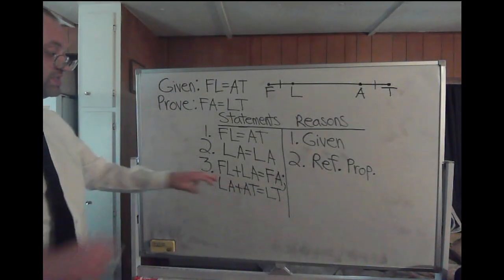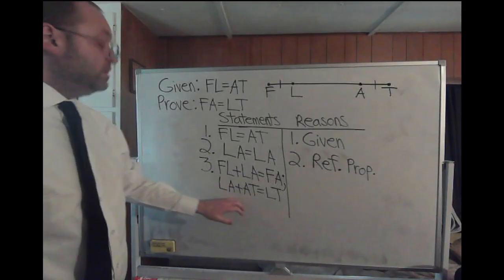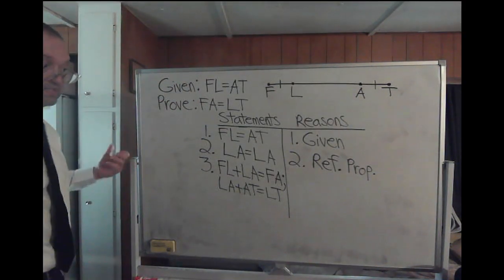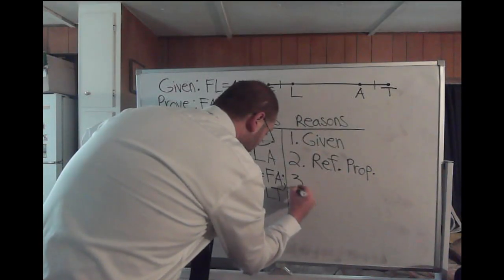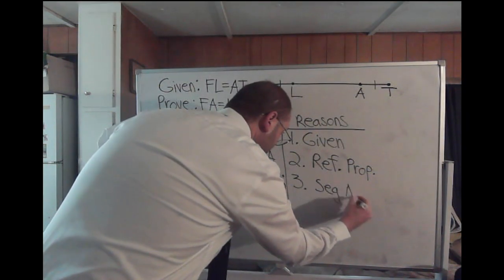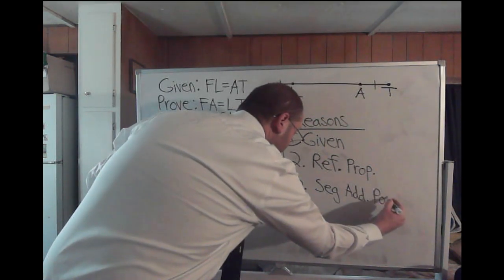So let's see, FL plus LA equals FA. LA plus AT equals LT. Reason 3, that's the segment addition postulate. So we've done this by the segment addition postulate for reason 3.